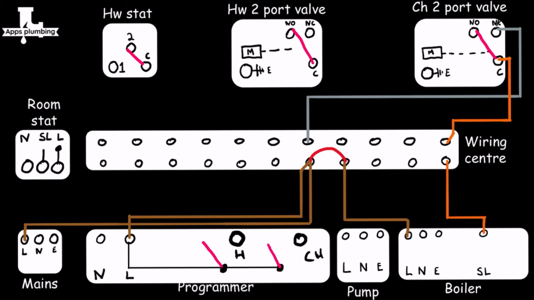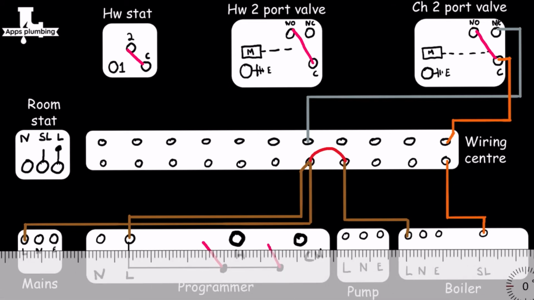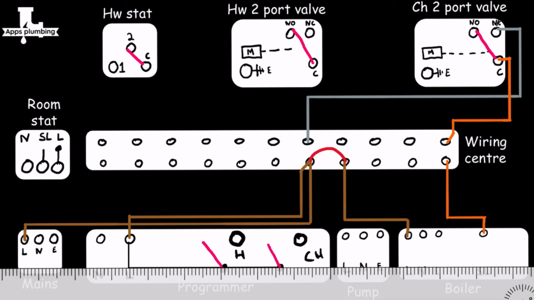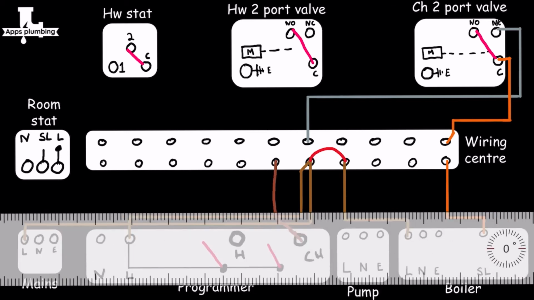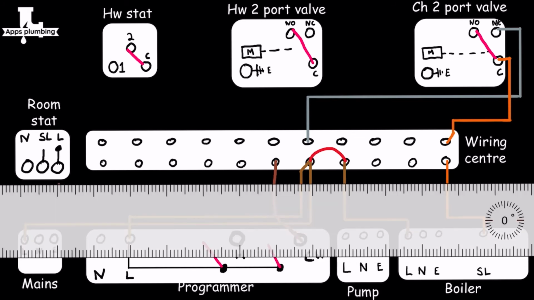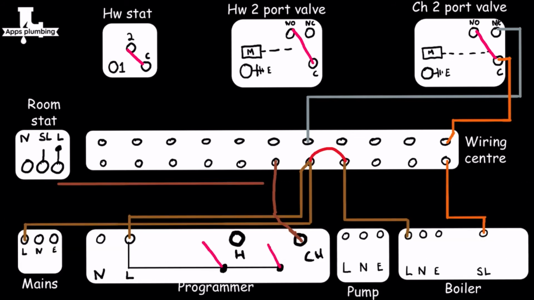Okay, so we have our central heating on, which comes out and goes into our programmer. That's not very neat, but I'll get my ruler up now. Look, that's better. And then it goes out of our programmer, into our wiring center, and then into our room stat.